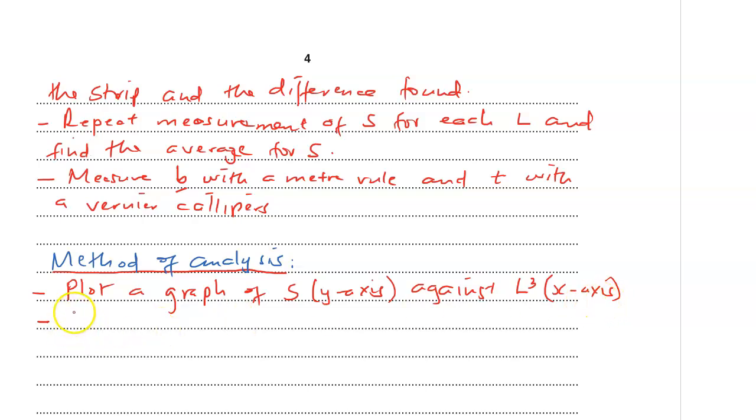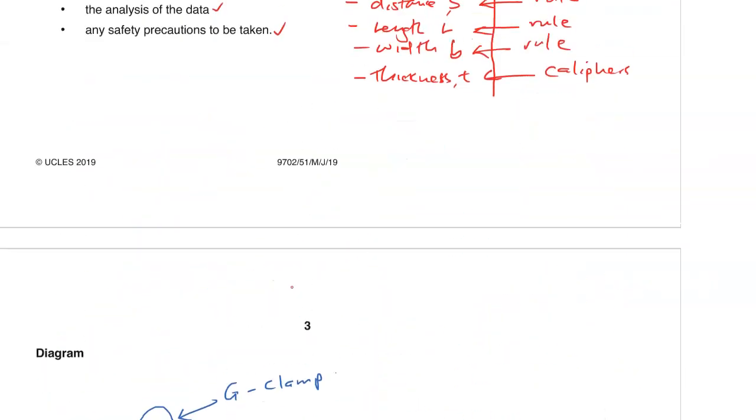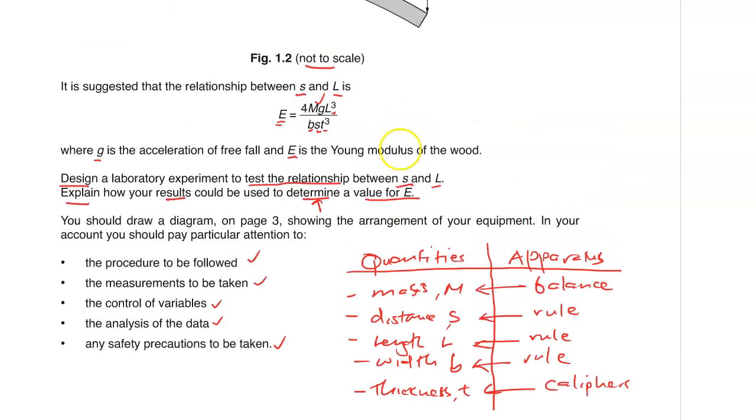You will know this by making S subject from the expression, this expression here. Remember this expression? You need to make S subject here. So to make S subject, you multiply S both sides. So it will be S is equals to 4mgL cubed upon BET cubed.